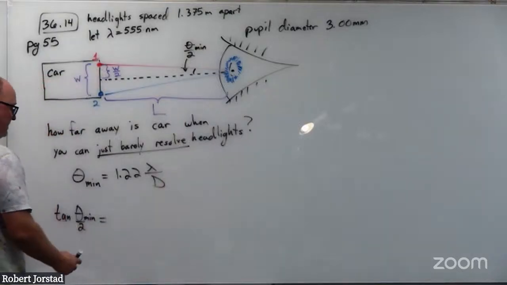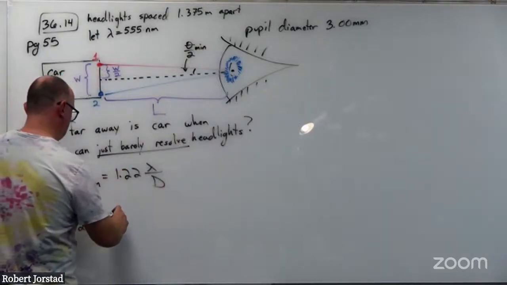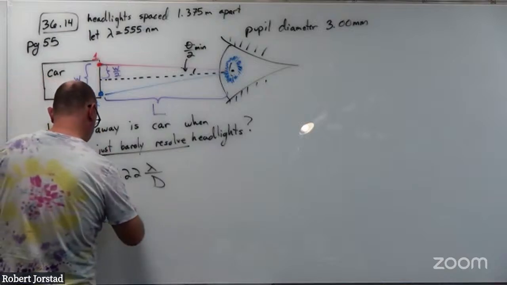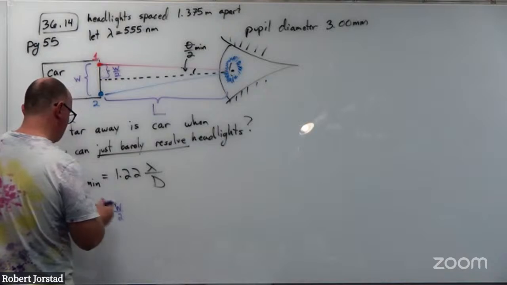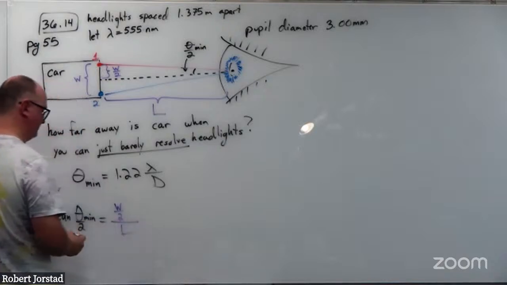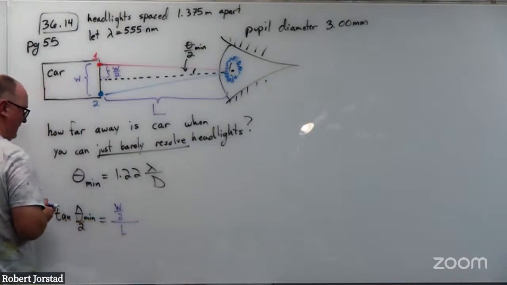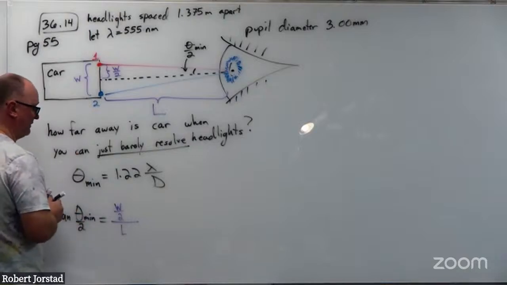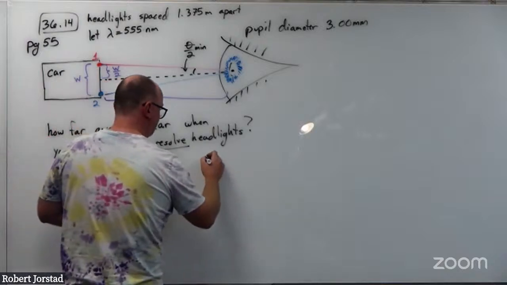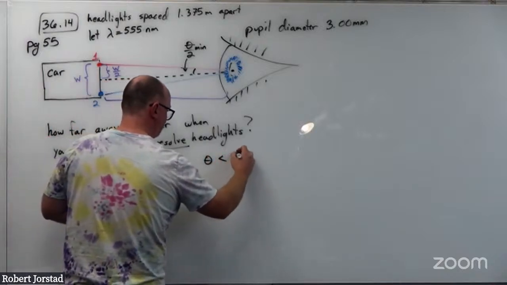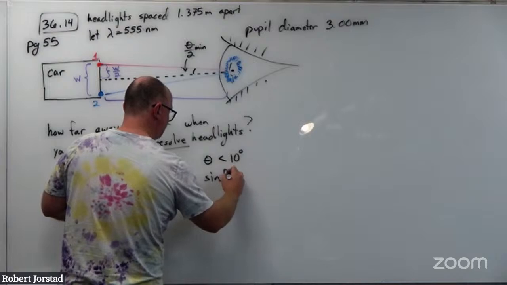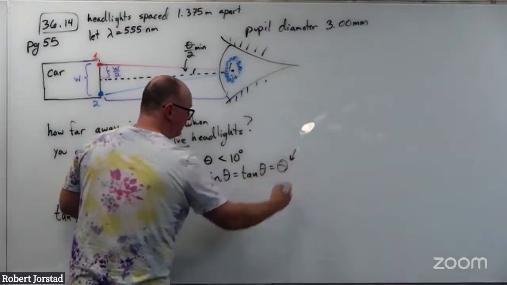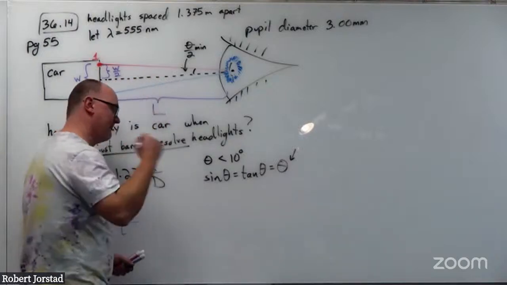So theta minimum over 2 is equal to W over 2 all over L. But wait a minute, isn't this a small angle? For small angles, sine theta equals tangent theta equals theta in what units? Radians.